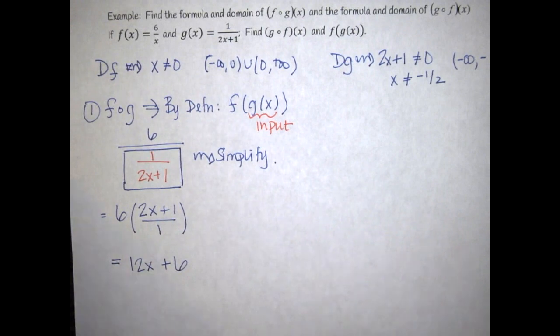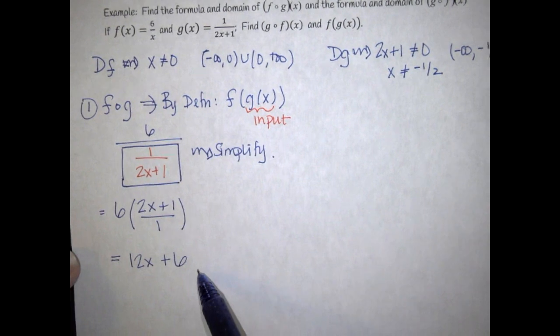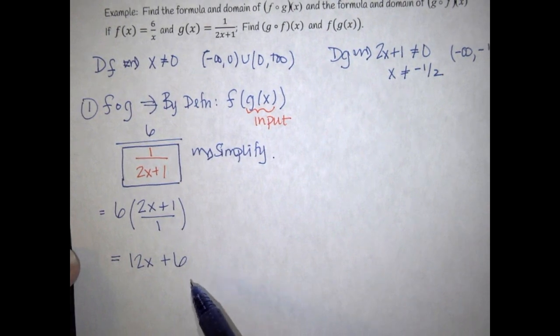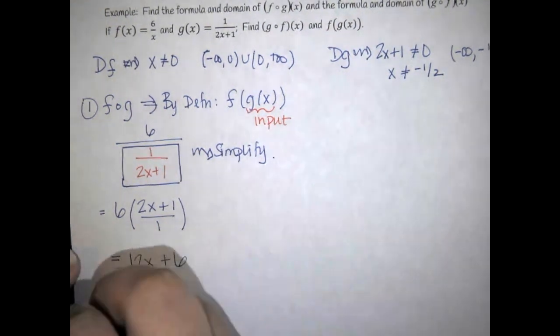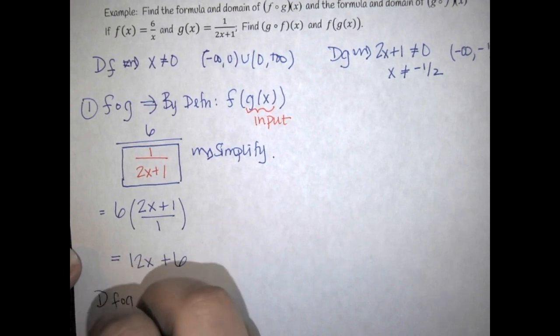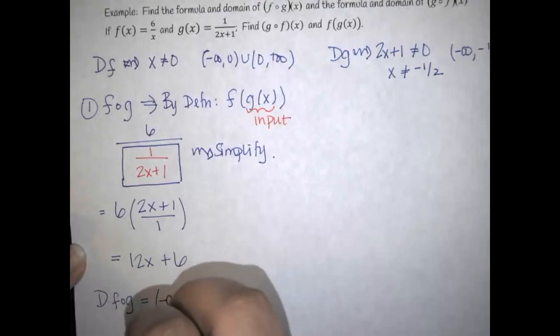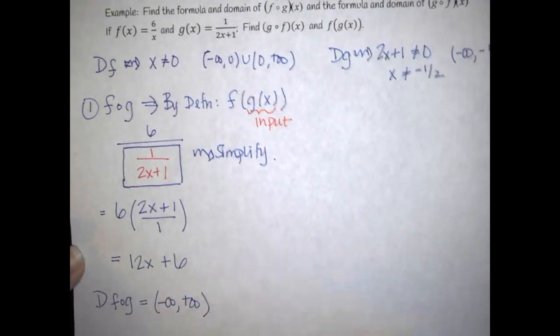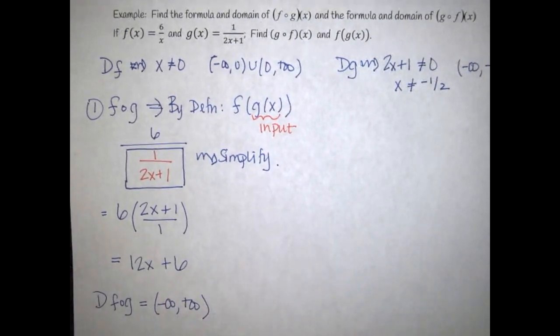Well, if you actually look at the domain now of this, we have a linear line. So my domain here of my f of g is going to be negative infinity to positive infinity, because it's a linear line, which means it doesn't have any errors or any issues at all.